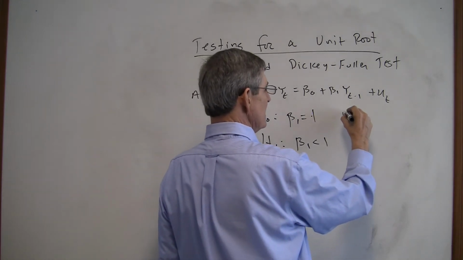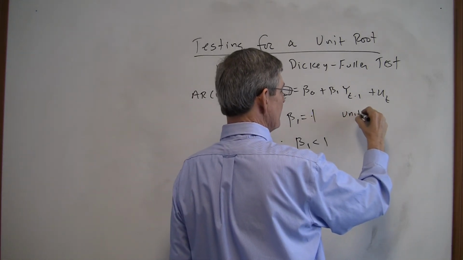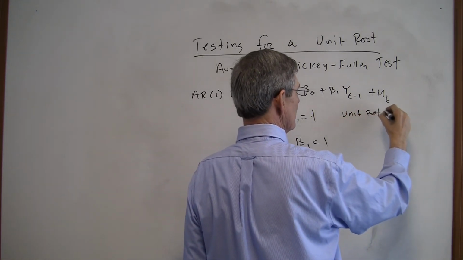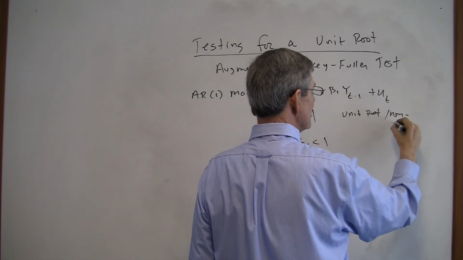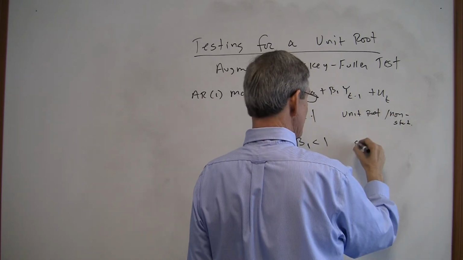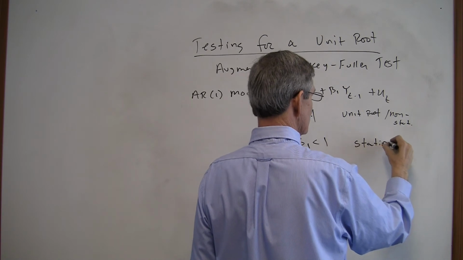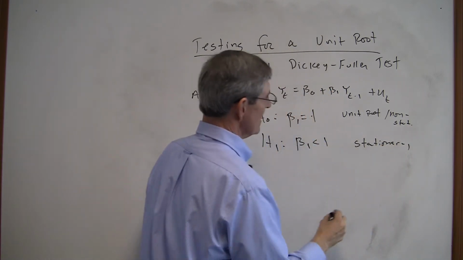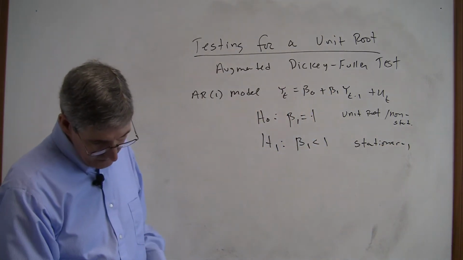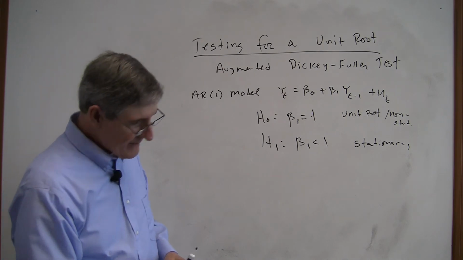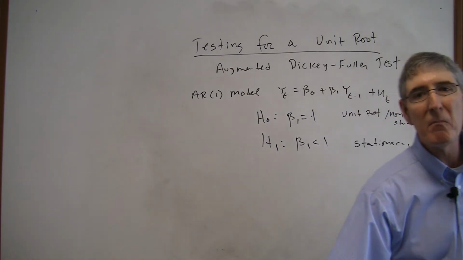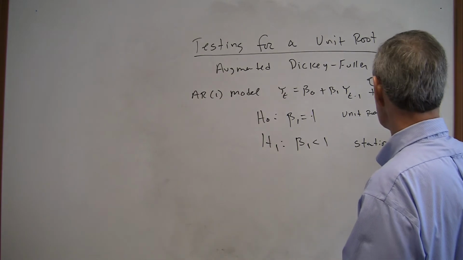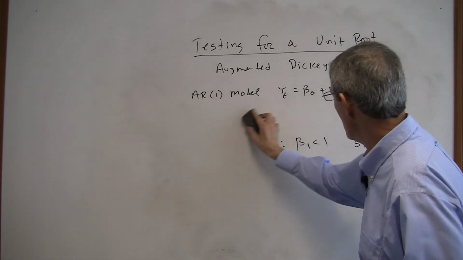So this is the unit root non-stationary case, and this is the stationary case. So how do we test for that? The test is easier using a modified version of this model. So let me show you what we're going to do.